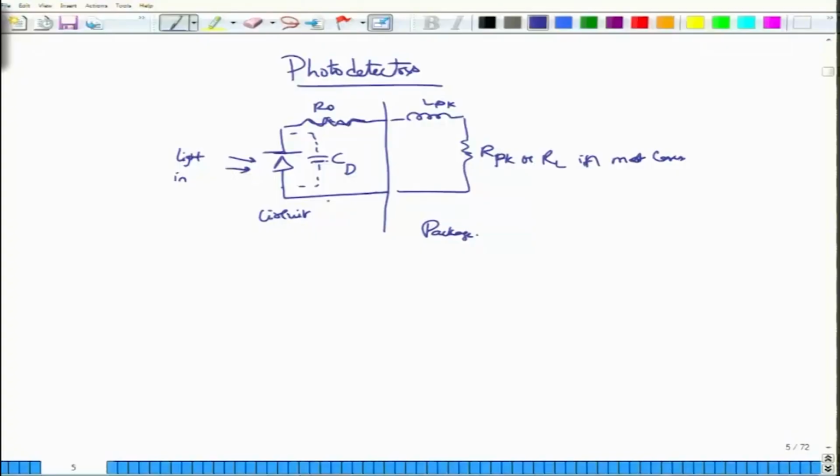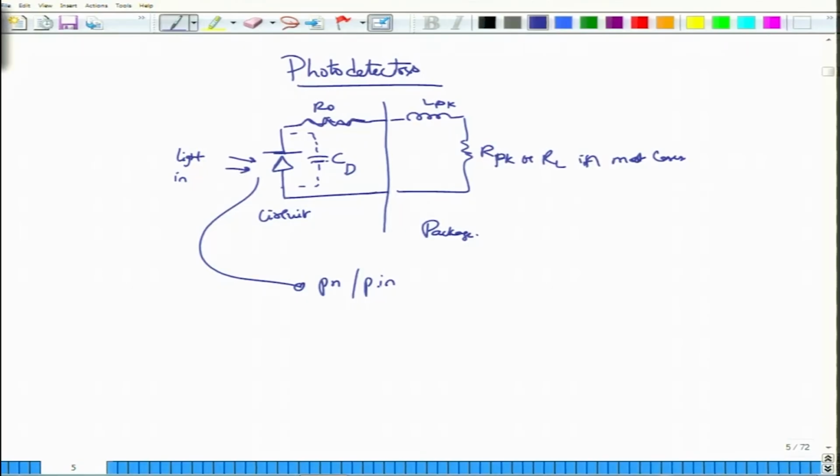This is a circuit diagram or a circuit representation of a photodetector. This symbol that you see is a PN junction, and don't be worried that it is something else. It is actually a PN junction modified slightly to obtain what is called a PIN junction. PIN stands for P, I, and N, where I stands for the intrinsic region.